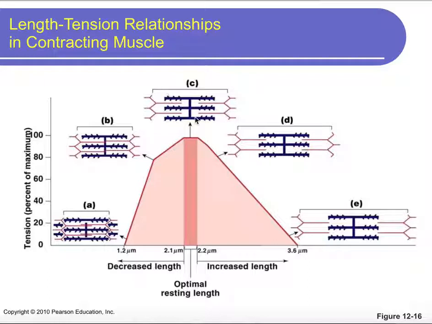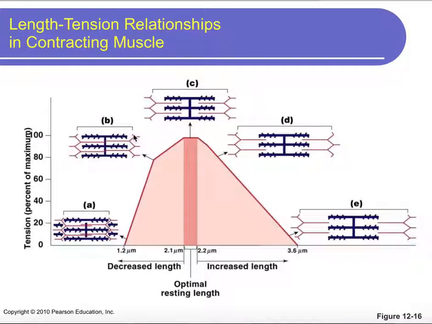So at this length, sarcomeres are at the perfect length where we have overlap. So we're going to be able to have a lot of cross bridges, and we have room for the filaments to slide past each other and contract. From this optimum length, if we were to shorten our sarcomeres and then try to contract, we'll actually produce less force.